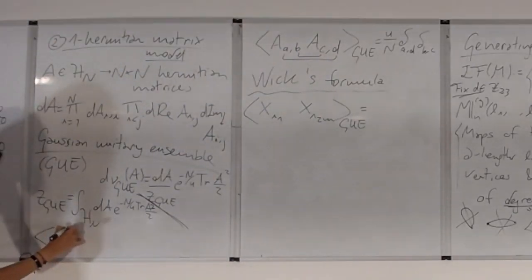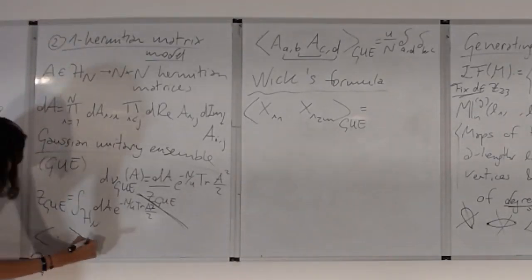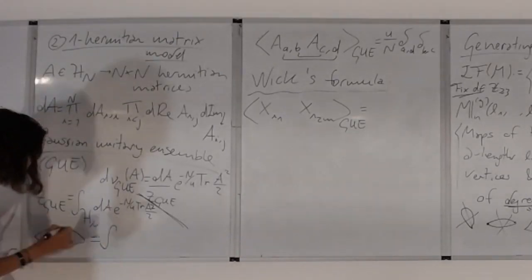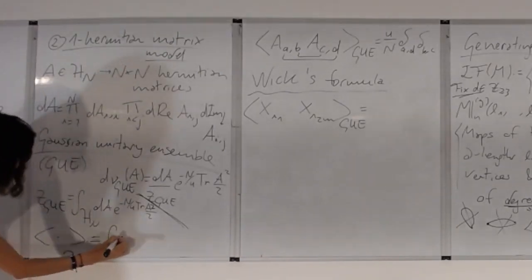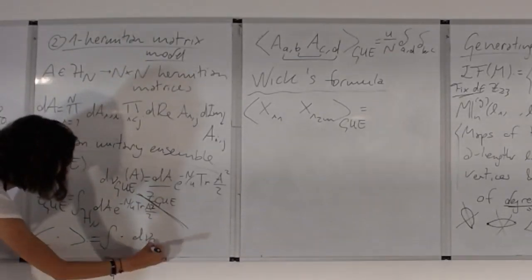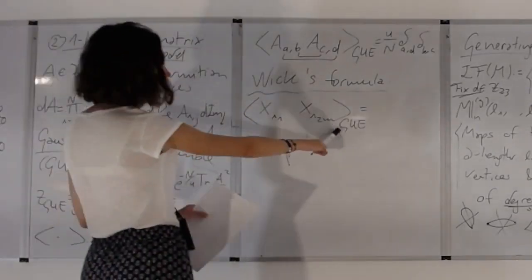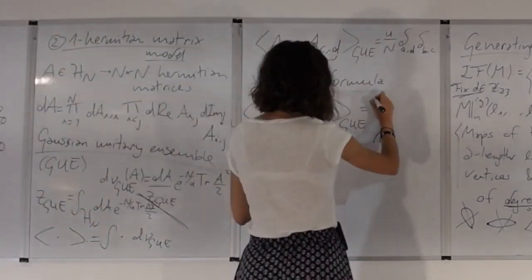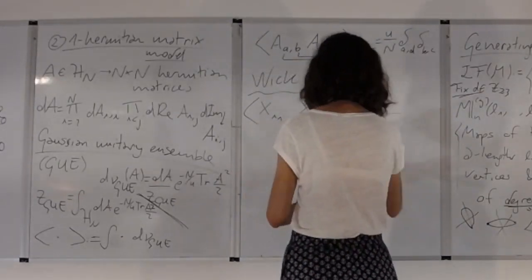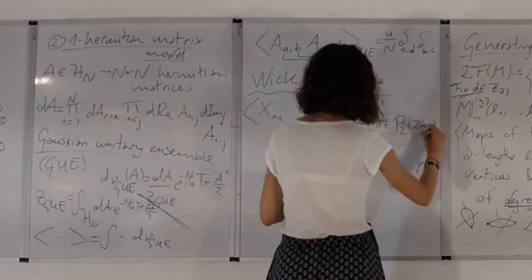When I put these angle brackets, I just mean the integral of whatever is in here against the Lebesgue measure of GUE. So this is what I mean by these brackets. And here I just sum over all possible pairings of these indices. So this is what this notation means.